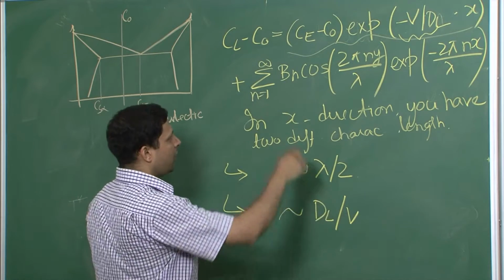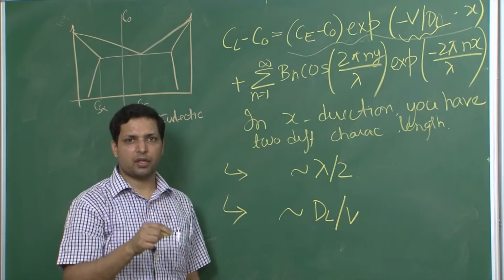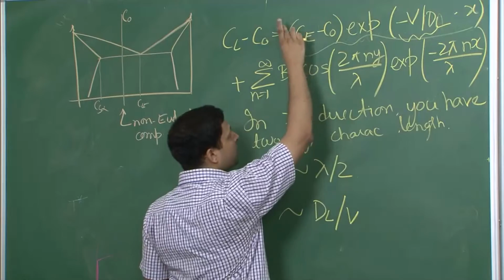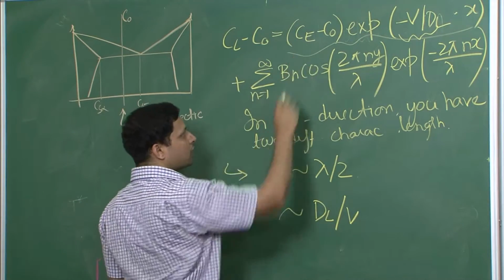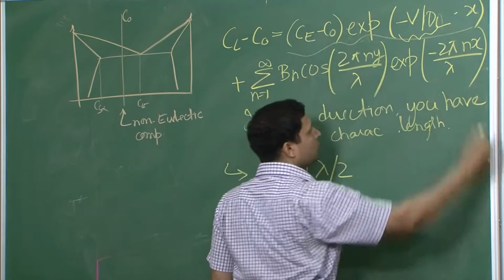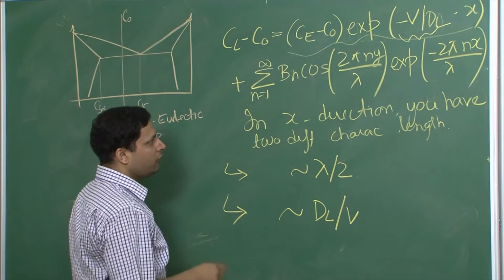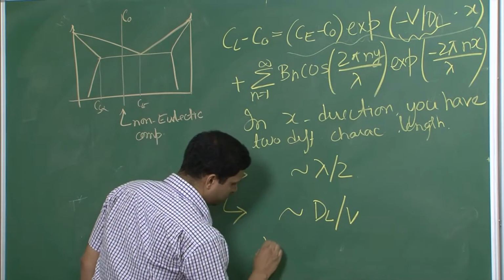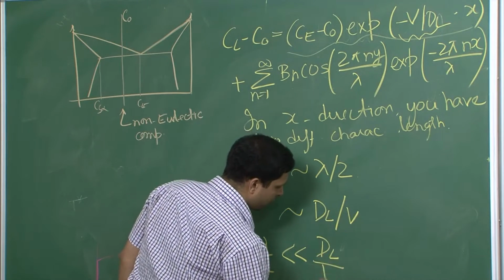For example, if you are very close to the surface and you want the composition variation along the surface, then this is an important parameter. Of course, this is the background value, the overall composition. But if you are very far from the amplitude, then the overall composition is dominated by this. Or, let us say your lambda by 2 term is much smaller than Dl over v.